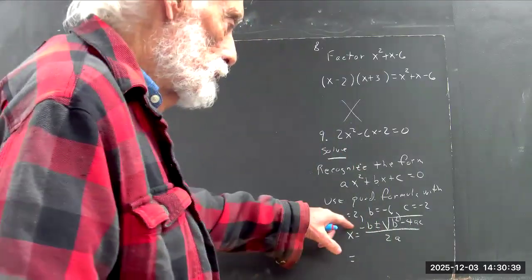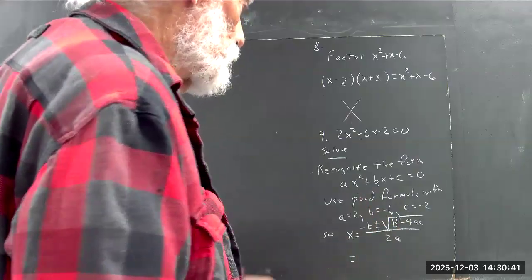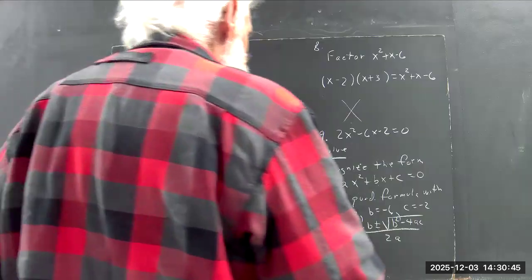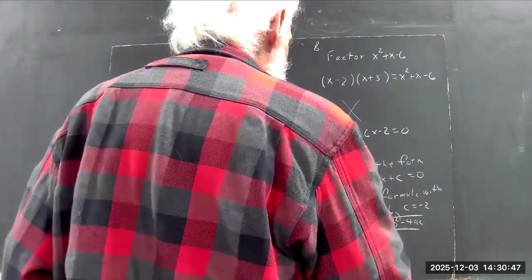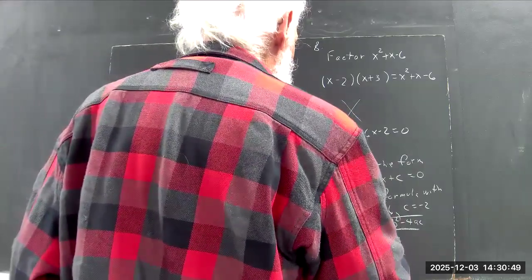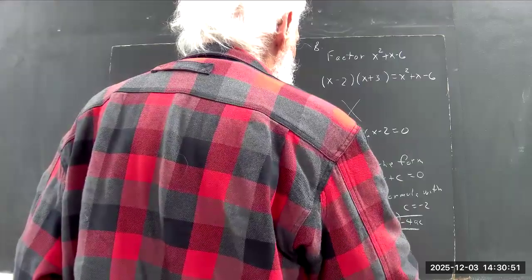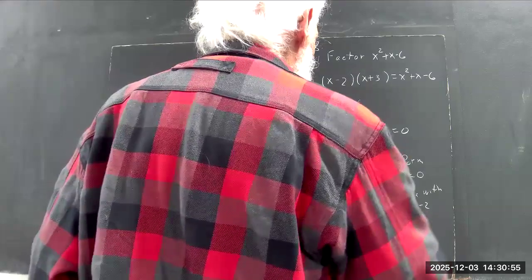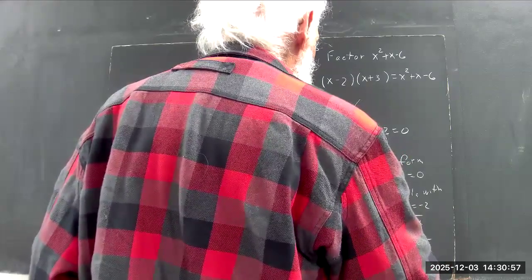Okay, x equals -b plus or minus the square root of b squared minus 4ac all over 2a. B is -6, and negative b will be the negative of -6. Then we have the square root of b squared.